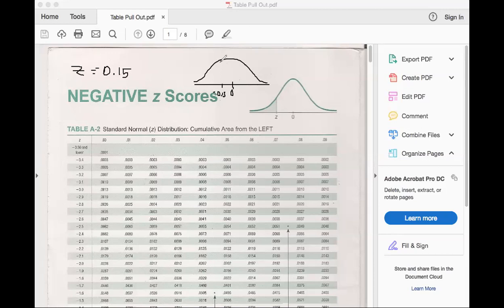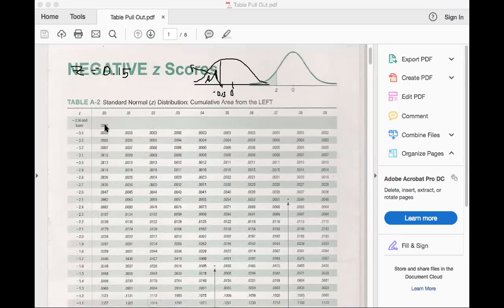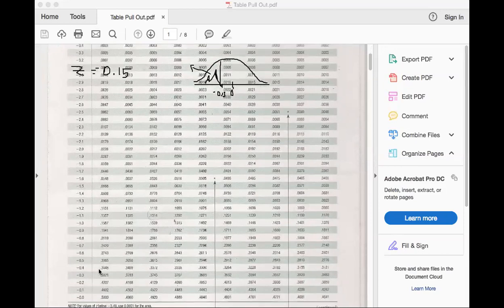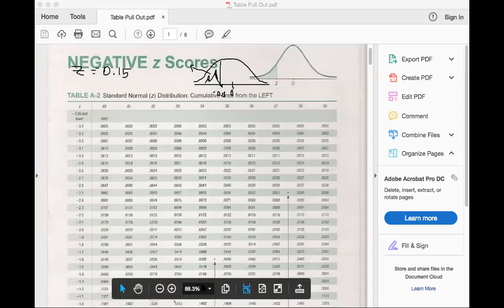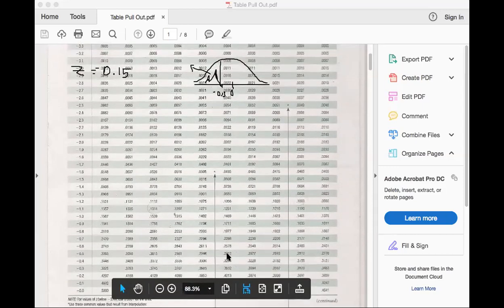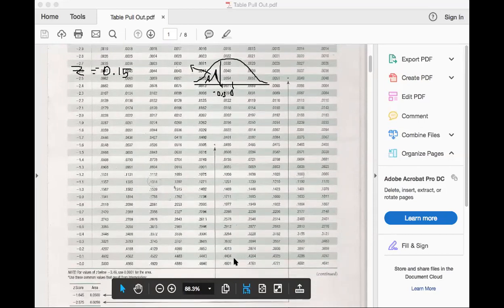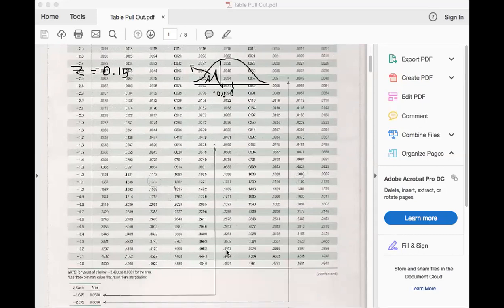Line up, how much of this is colored? I come down here to negative 0.1, and then one more. 5 is this column. 1, 5, so almost all the way to the very bottom, and I get an answer of 0.4404.